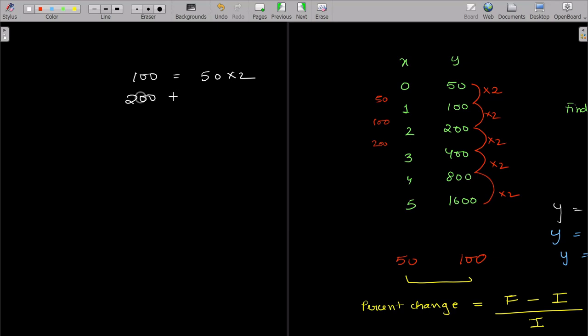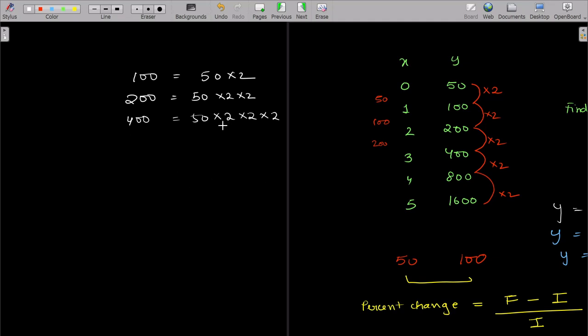Your 200 is equal to 50 times 2 times 2. Can we write that? Yes. 400 is equal to 50 times 2 times 2 times 2.